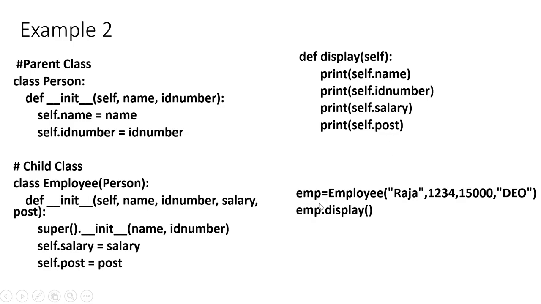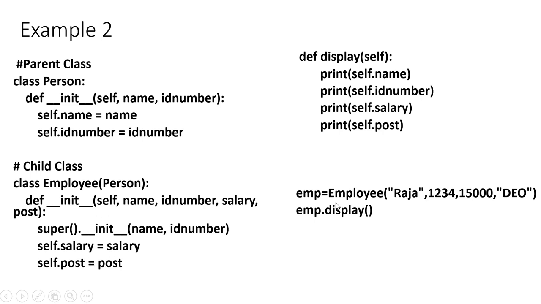Now I am going to create the object for the employee class: emp equal to employee of Raja, and the ID number, salary and designation. Here Raja and 1 2 3 4 are assigned to name and ID number in the parent class. The salary and the designation, that is post, are assigned in the employee class.